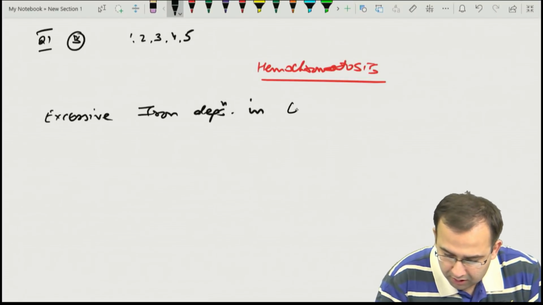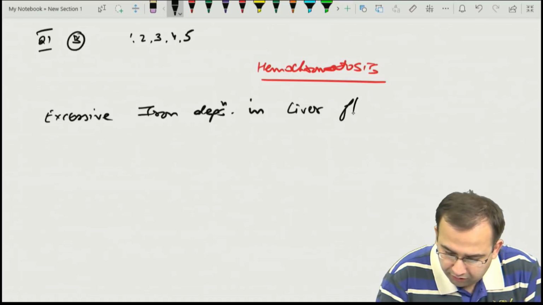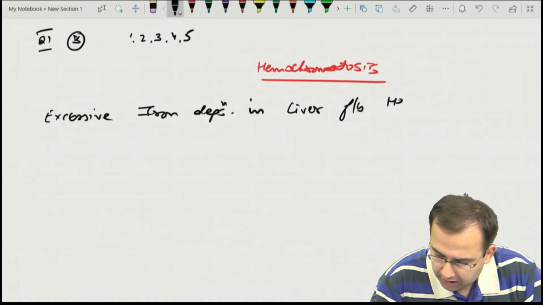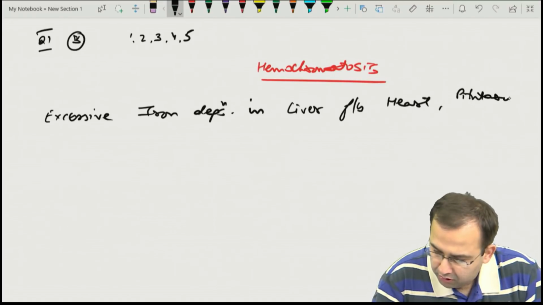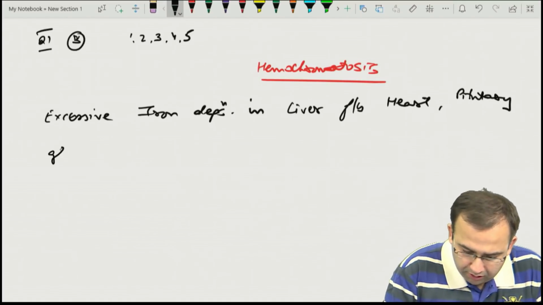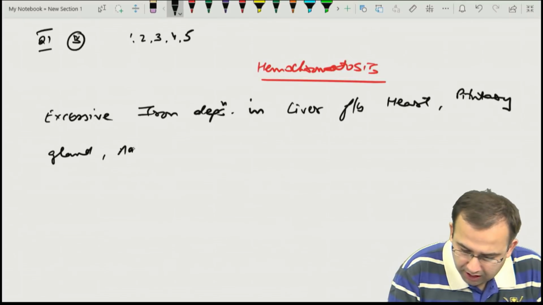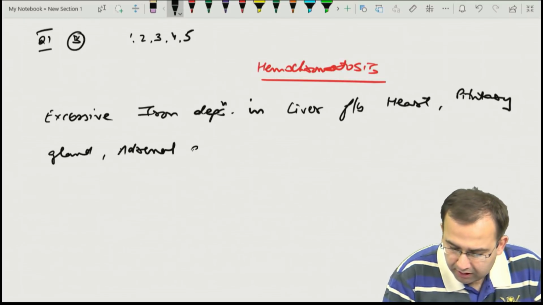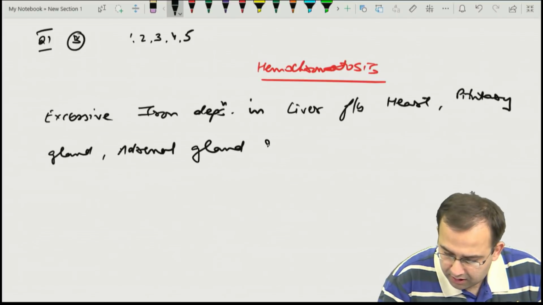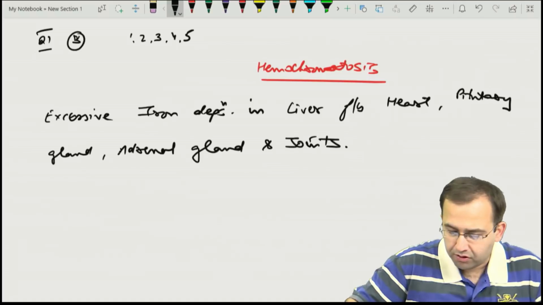In the liver, followed by heart, that is myocardium, followed by pituitary gland, adrenal gland and joints.